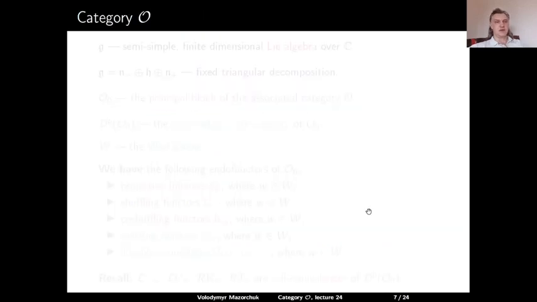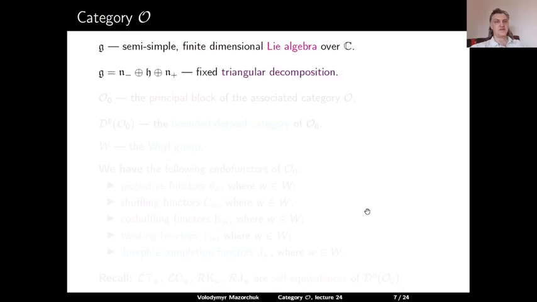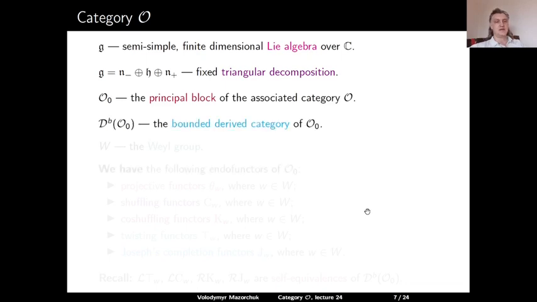Let us now go to category O. Let g be a semi-simple finite-dimensional complex Lie algebra with a fixed triangular decomposition. Consider the principal block O_0 of the associated category O and the corresponding bounded derived category D^b(O_0). Let W be the Weyl group. Previously, we have seen the following endofunctors of O_0.